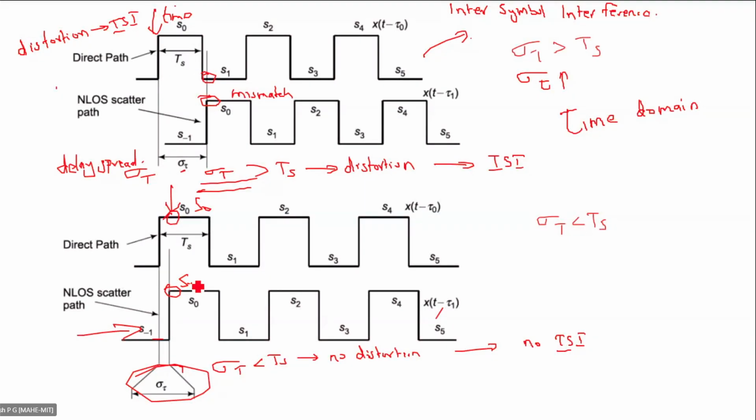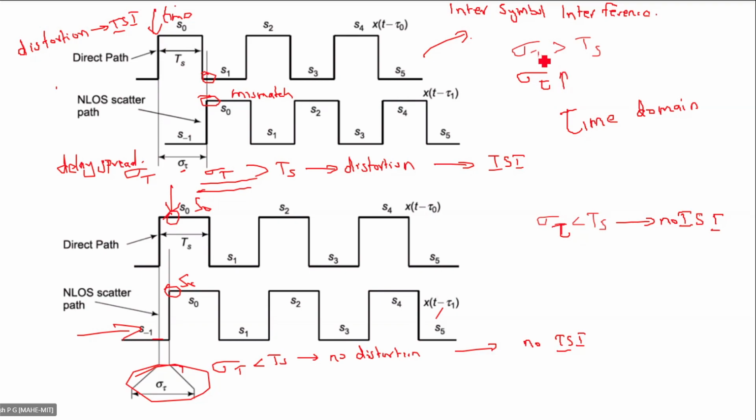So if sigma tau is less, then there is no distortion in the receiver. That is, there is no inter-symbol interference in the receiver. If sigma tau is less than Ts, that is the symbol time, then there is no ISI.